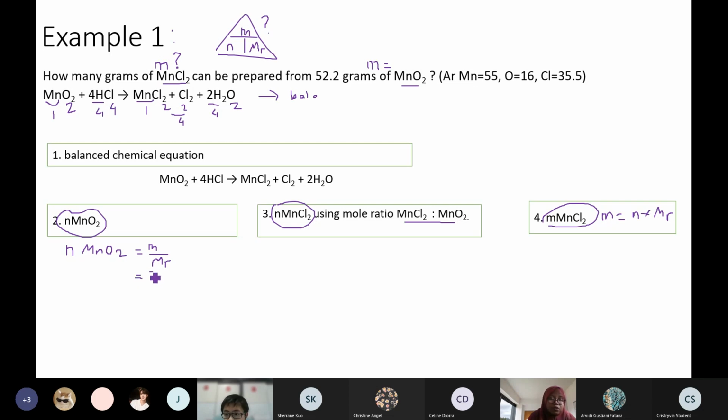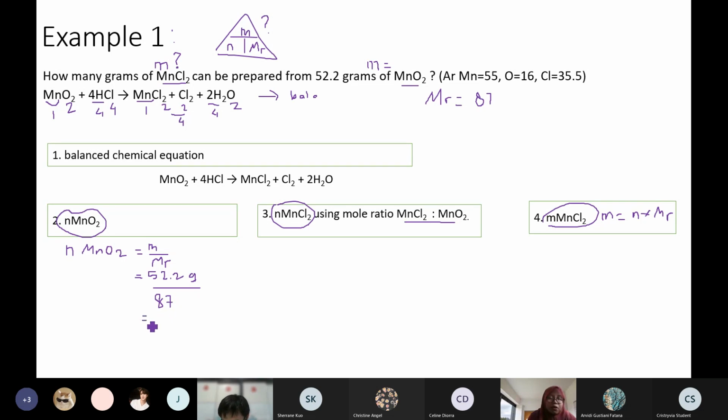From the question we know 52.2 grams. We have already calculated the Mr, right? What is the Mr of MnO2? 87. Okay, correct. 87.